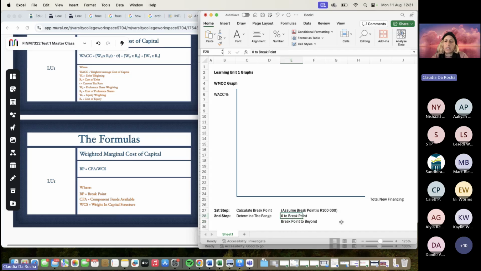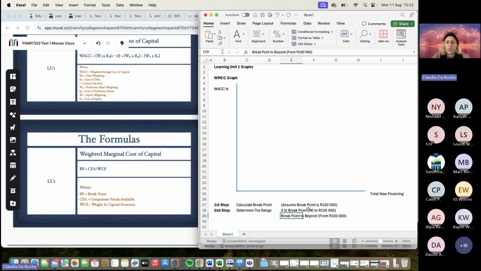So in our example, it's 0 Rand to 100,000, and then from the breakpoint, 100,000 to whatever it is, or we just say beyond, or from 100,000. Okay.